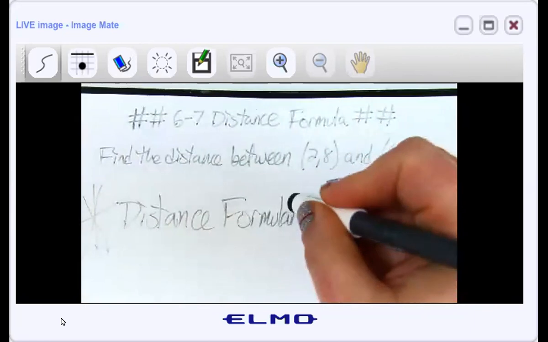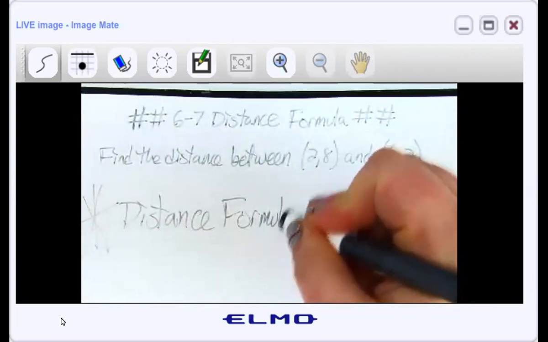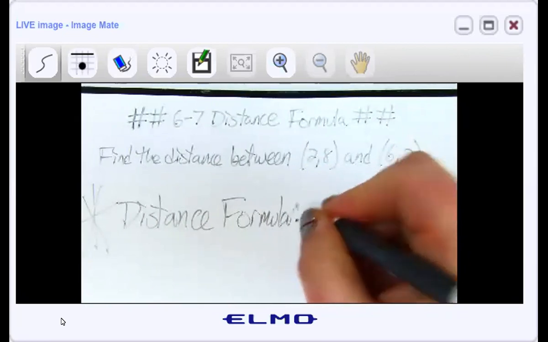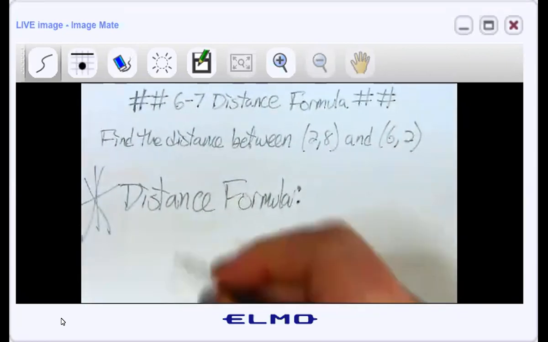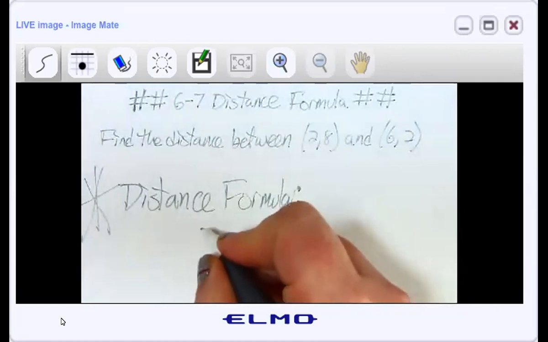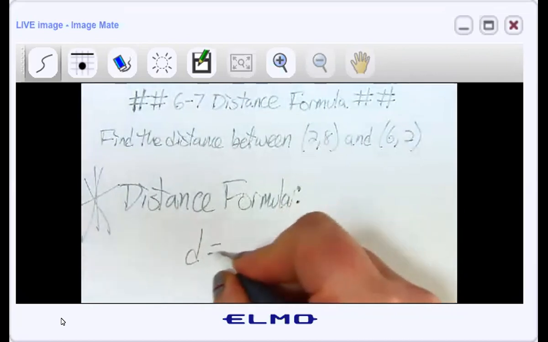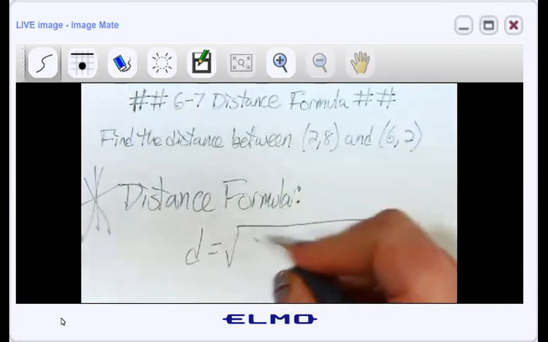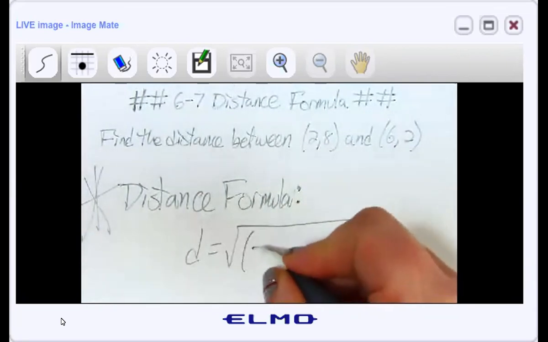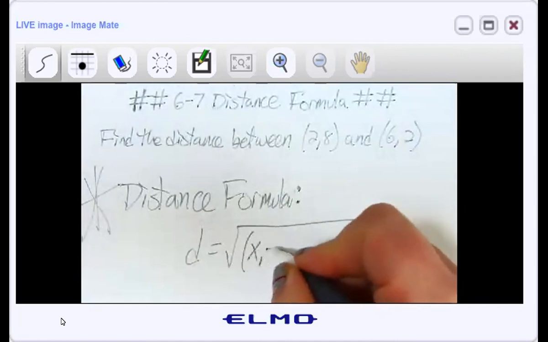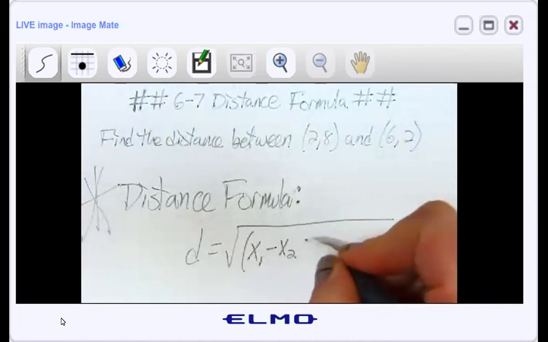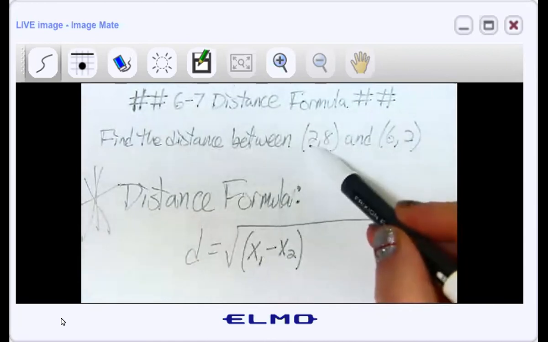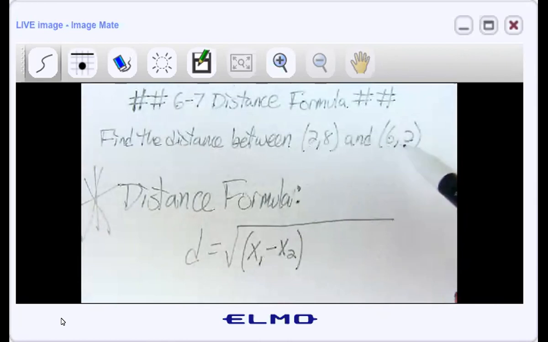The distance, or D, is going to be equal to a big old square root. Here's how this works. We're going to subtract the two x's. I'm putting x1 and y1 because I do have two x's here. Here's an x and a y, and here's another x and a y.